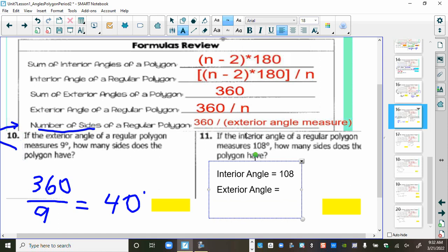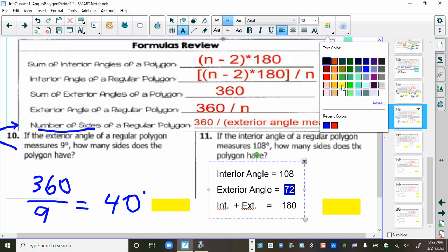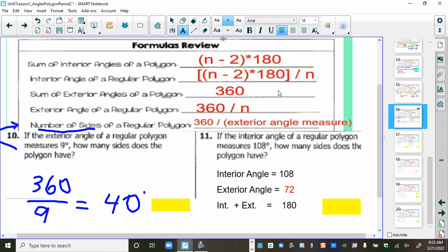Because what do we say about the interior plus the exterior? Interior plus exterior must add up to how many degrees? Anybody remember? We talked about it a little bit ago. 180. So that means the exterior angle must be how many degrees? If the interior is 108, the sum of the two has to be 180. 72. That's your magic number. Remember, interior plus exterior is 180.